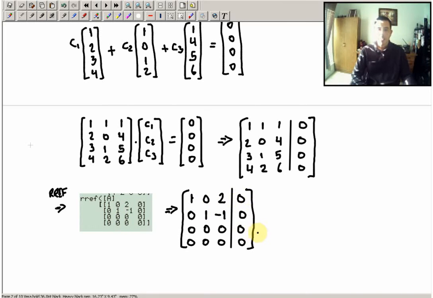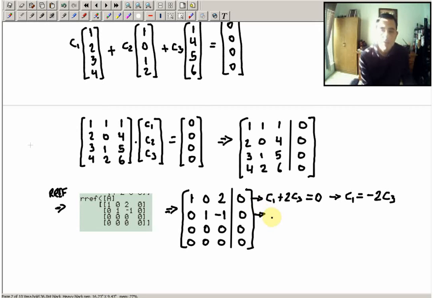What is the conclusion here? From the first row, C1 plus 2C3 equals 0. That's the first equation, so in other words, C1 is negative 2C3. Let's look at the second row. It says C2 minus C3 equals 0, which means C2 is C3.